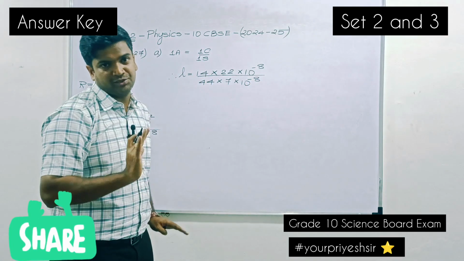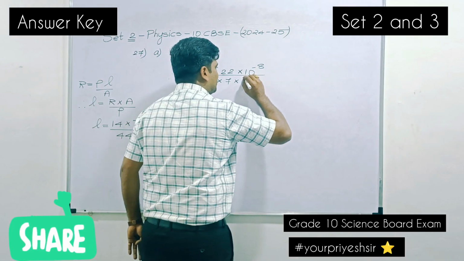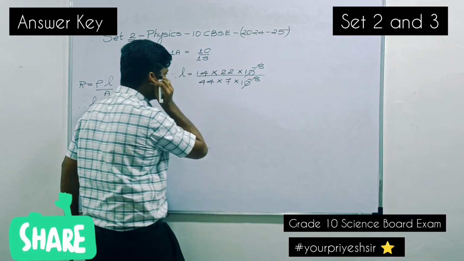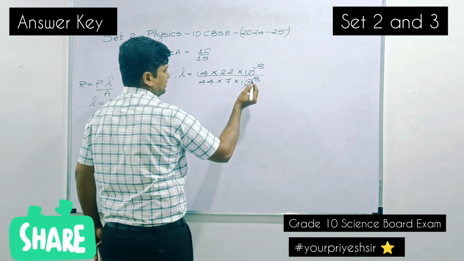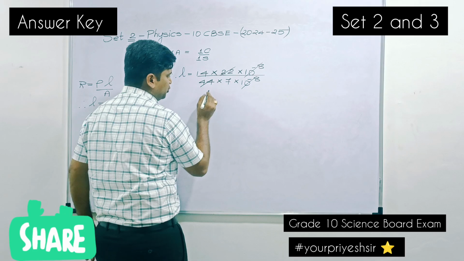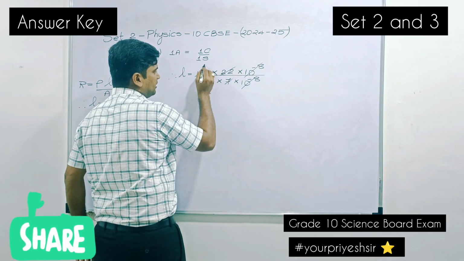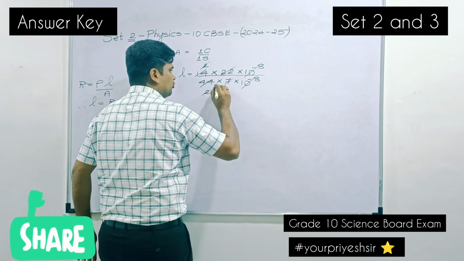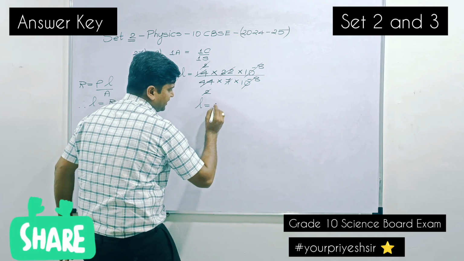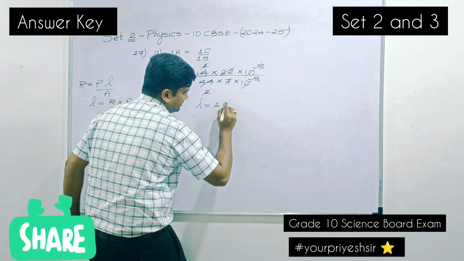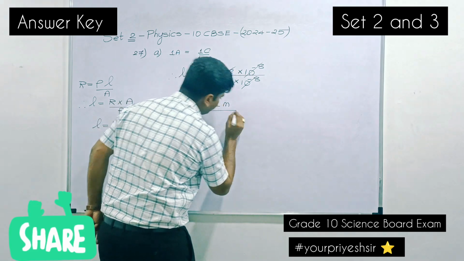Thank you so much CBSE. Okay, such a sigh of relief. This gets cancelled. Correct. Now 22 2s are 44. 7 2s are 44. 2 1s are 2. So basically length is 1 meter.